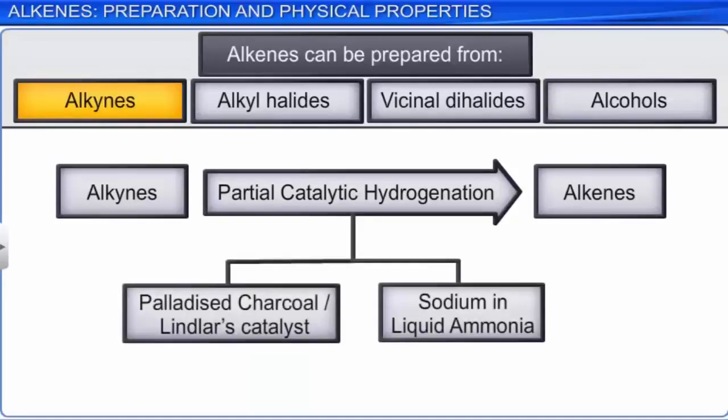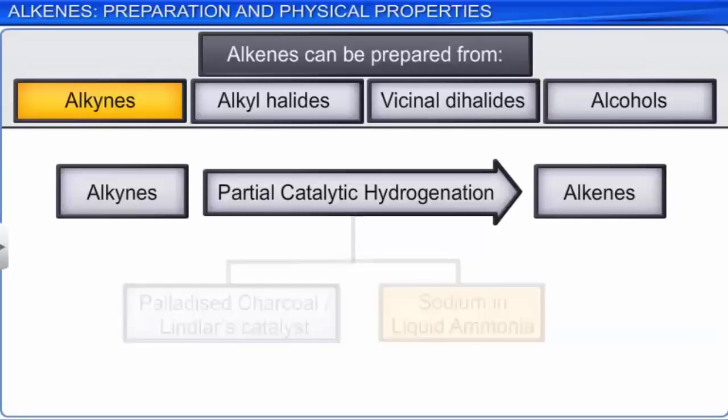There are two catalysts that are commonly used. One is palladized charcoal, which is partially deactivated using compounds like barium sulfate or quinoline. It is also known as Lindlar's catalyst. The other catalyst is sodium in liquid ammonia.